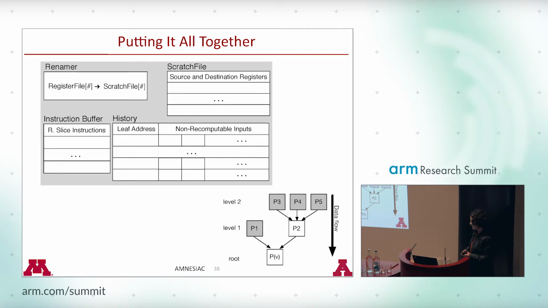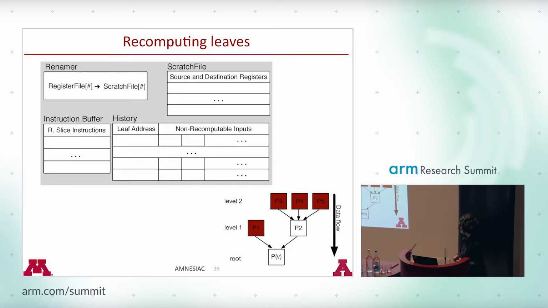If recomputation is fired, namely the recomputation of an annotated load value is more energy efficient, this flag is set, and then execution jumps to the entry of the corresponding recomputing slice. And we start executing the slice from the leaves.